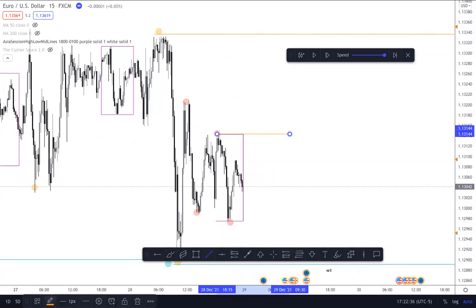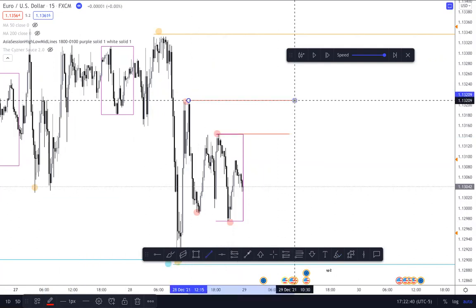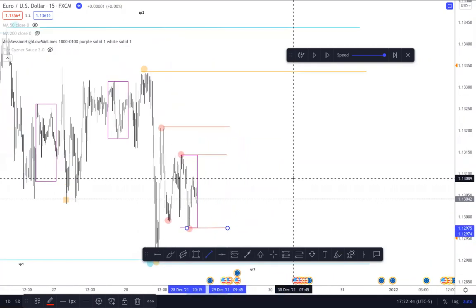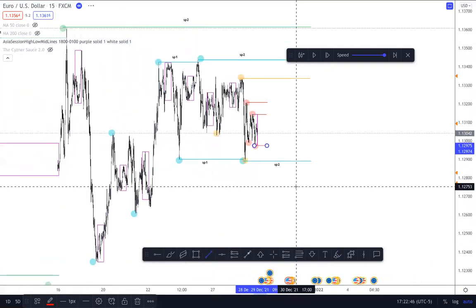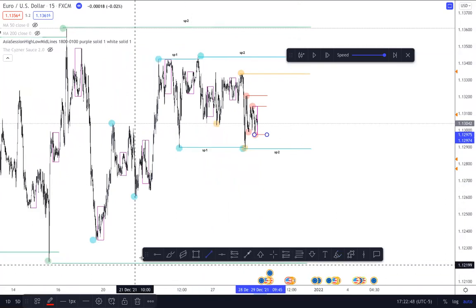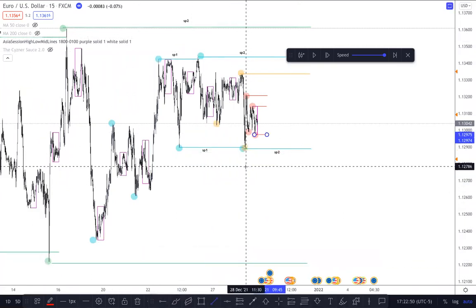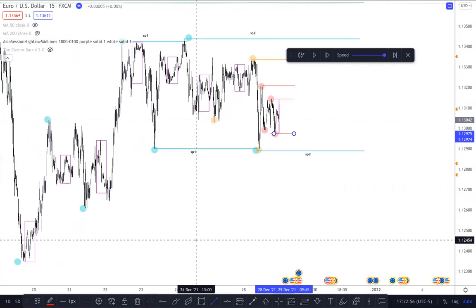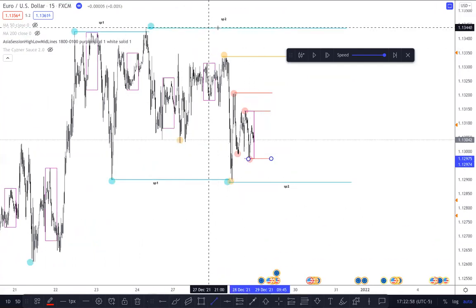And here are 15-minute inducements. Here's what I want you guys to understand. Are these inducements all tradable? Yes. Where are our most powerful inducements? Green, right? So major inducements here, here. Other major inducements here, here.